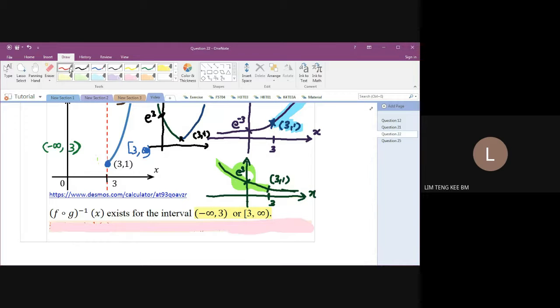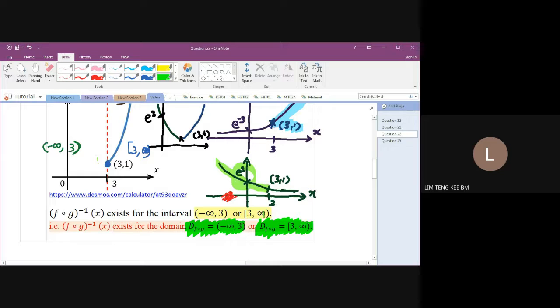And please note, the "or" here is not to indicate a union. Don't involve a union. It is a statement telling you there are two choices: first choice, second choice. To explain better, this tells you that the inverse exists when I take either the domain of the composite from negative infinity to 3, or the domain from 3 to infinity. Either one of the domains I take, then the inverse exists. This is what the question is trying to tell us.